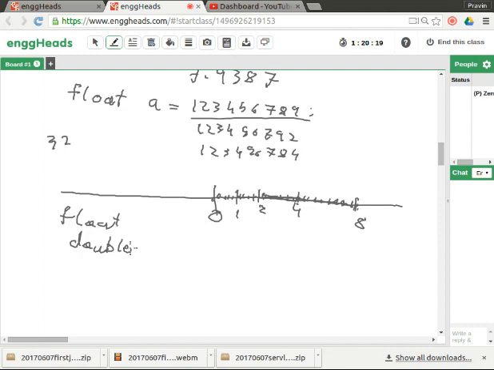There actually are some classes available in the Java API. There's something called BigInteger and BigDecimal.